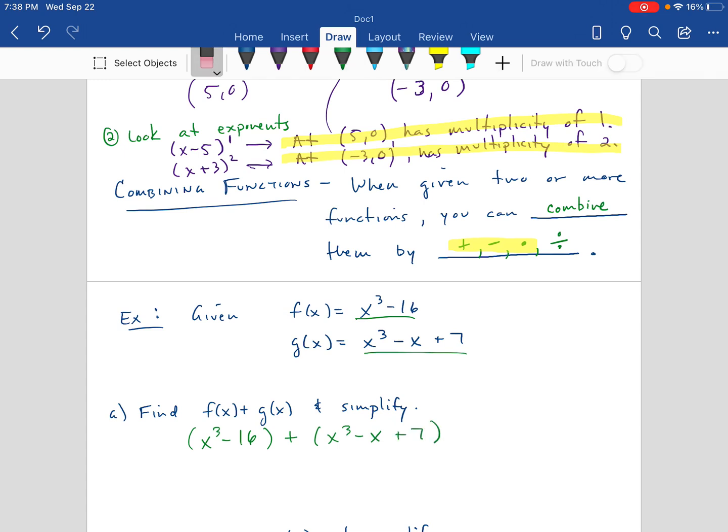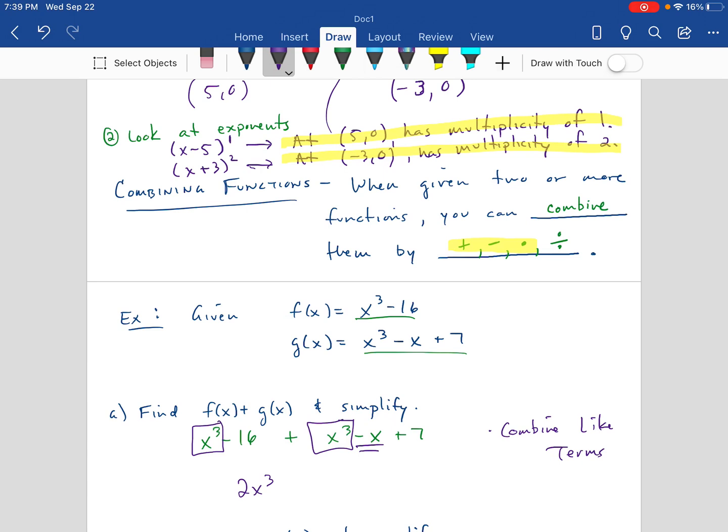Because I am adding two functions, there really isn't a need for these parentheses. All you really have to do here is combine your like terms to simplify. x to the third plus x to the third will give me 2x to the third.